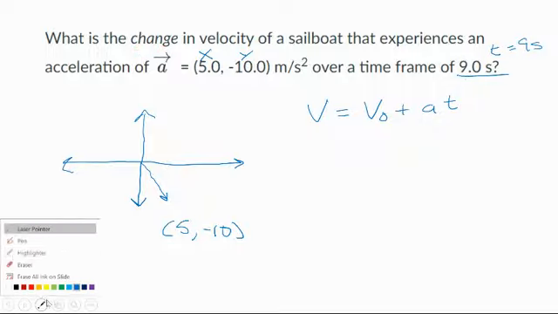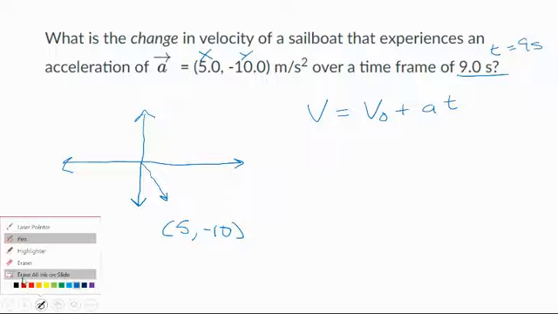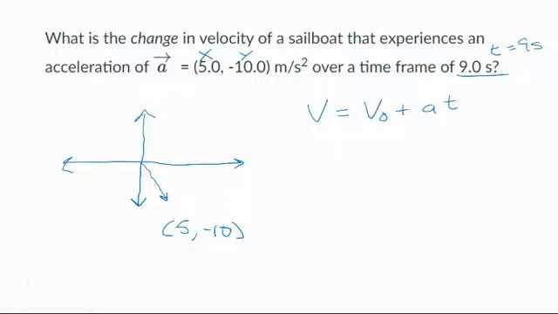So remember that our change in velocity, that's delta V, right? Well, what is delta V? Delta V, if you remember in your notes, is V minus V naught. Or sometimes you'll see it like this, depending on the textbook, V final minus V initial. So it's the final velocity minus the initial velocity.